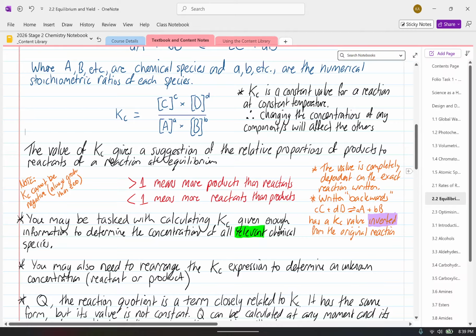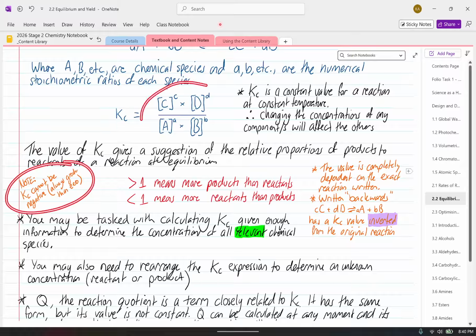Now, when we see the Kc value itself, the number will tell you whether a reaction favors forming products or favors forming reactants. First of all, Kc can't be less than 0, because there's no way this ratio here can be negative. It can be greater than 1 or less than 1 though.